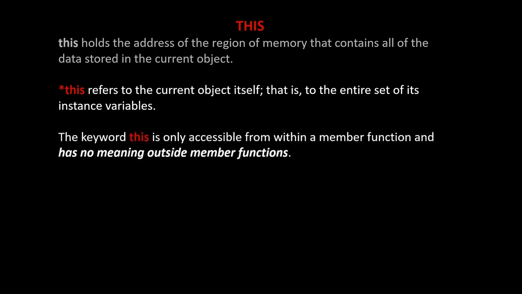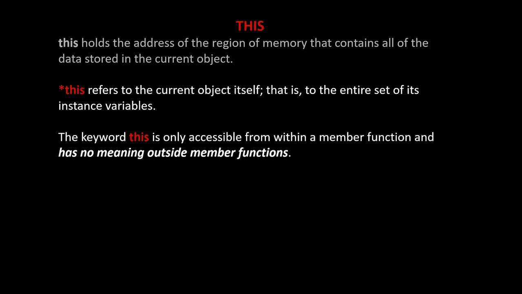The keyword this is only accessible from within a member function and has no meaning outside member functions. It's important to know that. You shouldn't see star this, or asterisk this, outside of a member function.